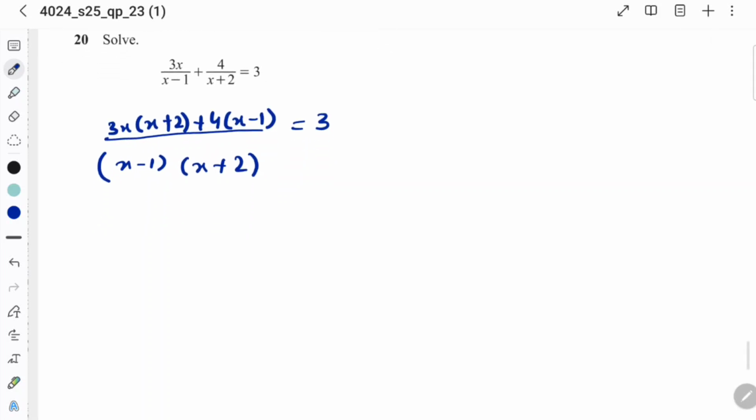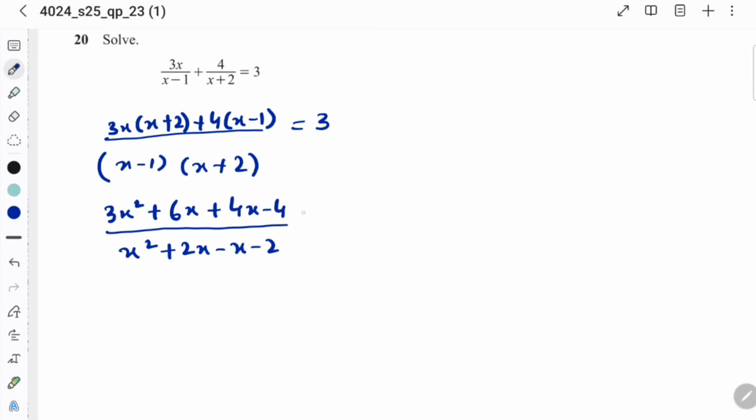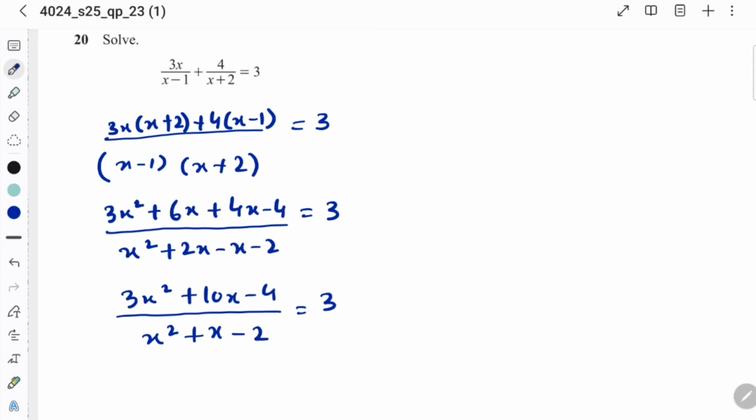So that is becoming 3x square plus 6x plus 4x minus 4, and simplify this one as well. That is becoming x square plus 2x minus x minus 2 is equals to 3.